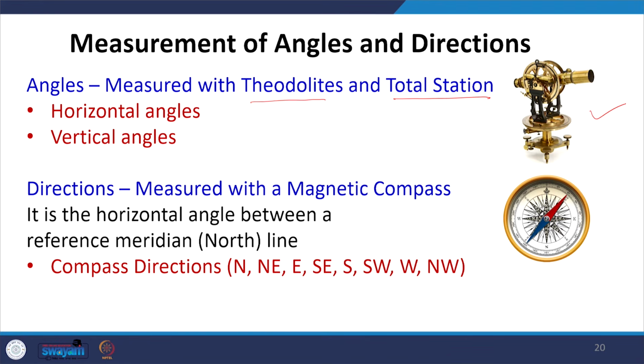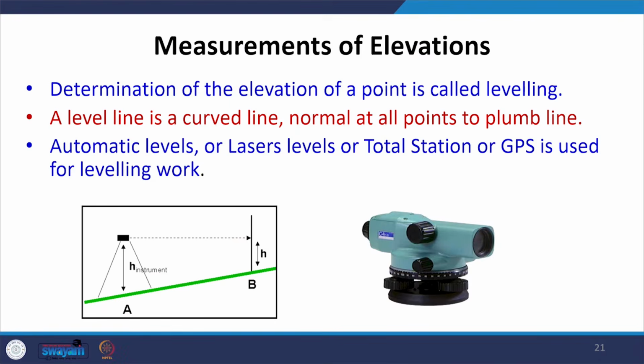Direction is also very important in civil engineering projects when we commission the projects, and these directions could be compass directions: north, northeast, east, southeast, south, southwest, west and northwest. Nowadays we have digital compasses, and many apps which we can download to find the direction. Measurement of elevations.